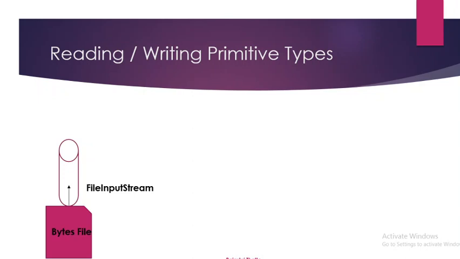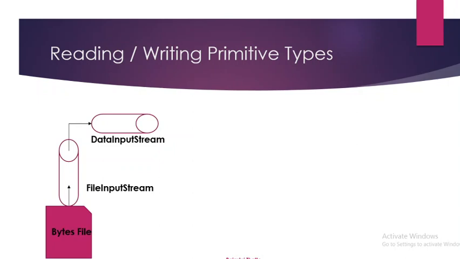Once the FileInputStream class object is created, further this FileInputStream class object can be passed to a DataInputStream class object, where the data will get read as per the primitive data types, that will be type specific, integer, float, whatever it is.